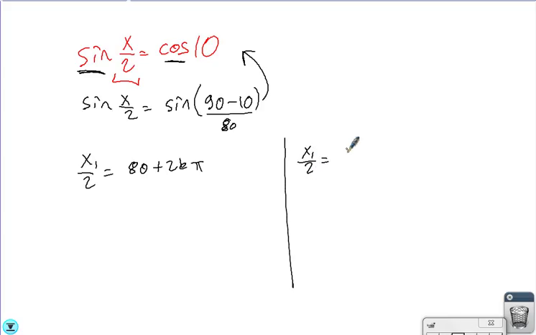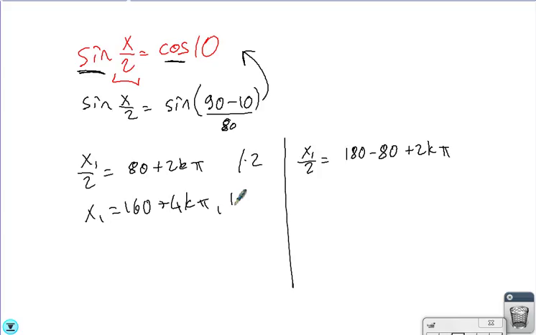The second one is 180 minus the angle you have in here and plus 2k pi. So now to remove over 2 we must make times 2: x equals 160 plus 4k pi and k is integer. In here to remove over 2 times 2. So this part will be 100, 2 times 100, 200 plus 2 times 2, 4, k, pi, and k is an element of integer numbers.